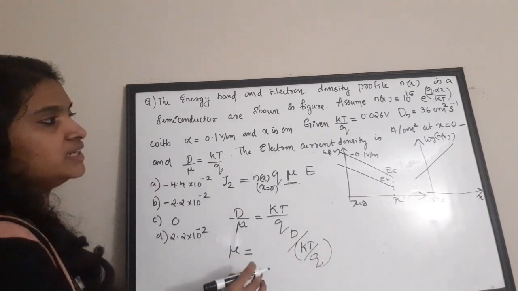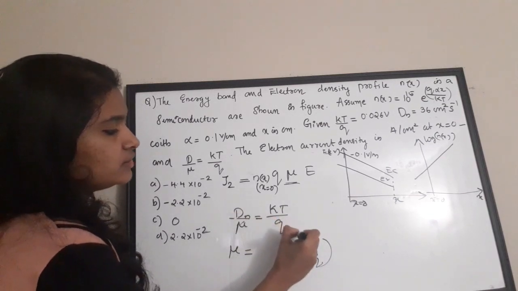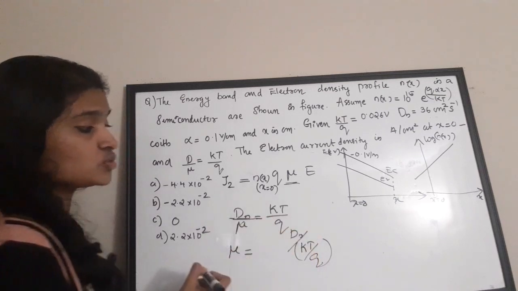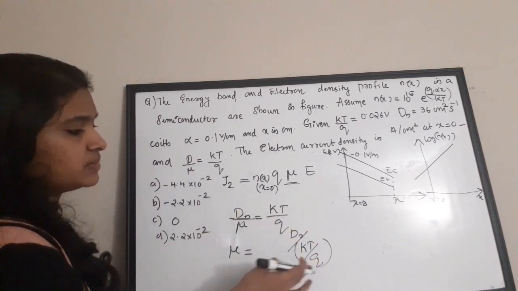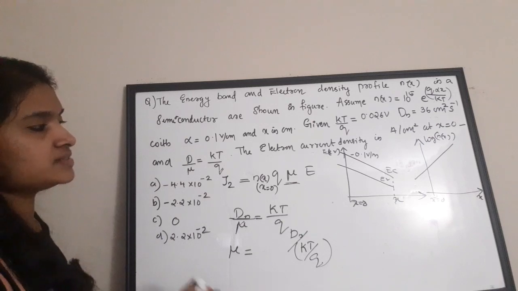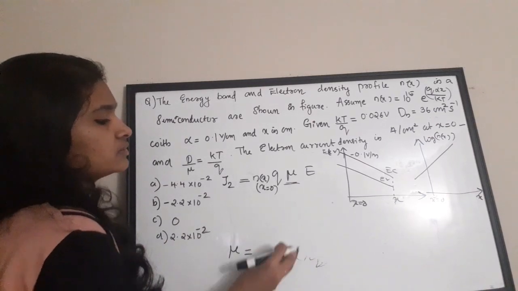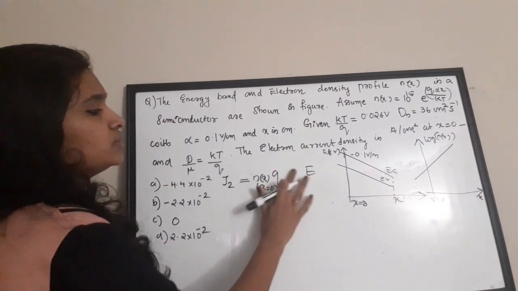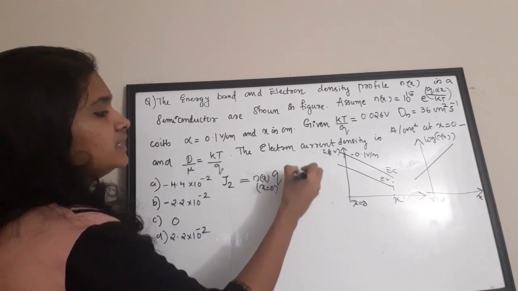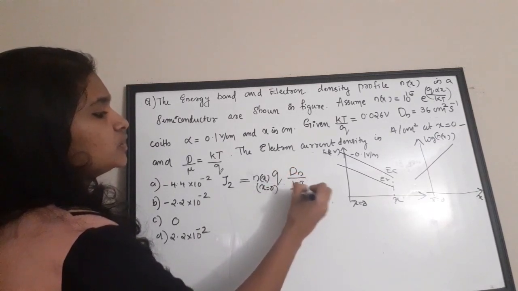D is actually here Dn, the diffusion constant of electron. So it is Dn by kT by q. So directly we can substitute mu as Dn by kT by q.